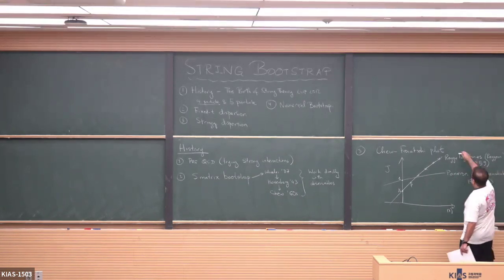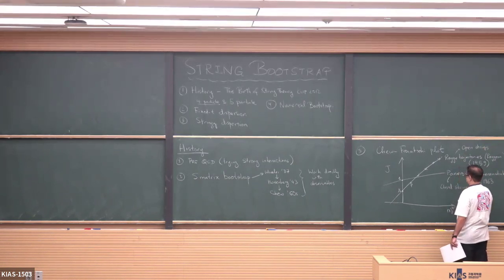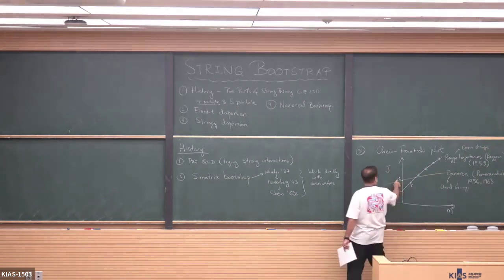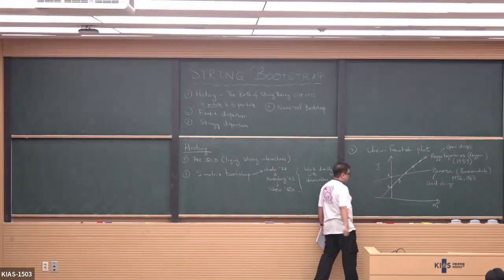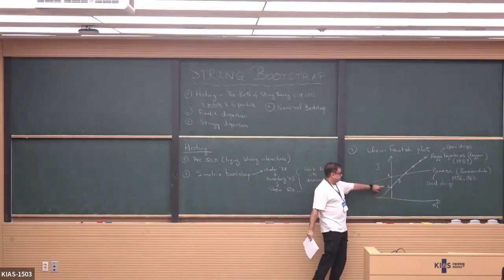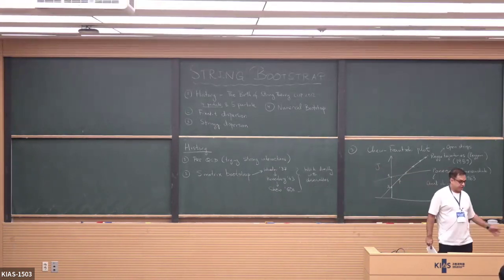So in modern language, these Regge trajectories can be reinterpreted as open strings, and the Pomeron can be reinterpreted as closed strings. And the thing to note here is the intercept here is 1, and the intercept here is half. The reason why I'm emphasizing these numbers is because it will turn out that when you do things consistently in string theory, you're not going to get these numbers. You're going to get some others.